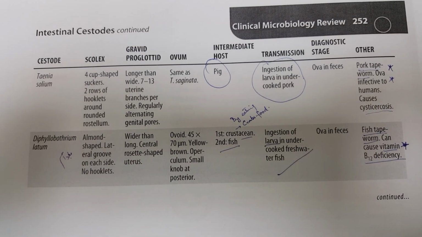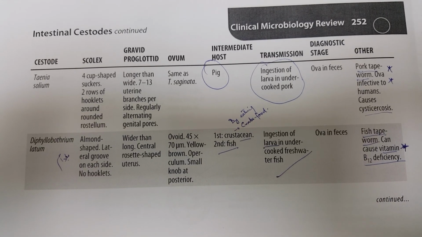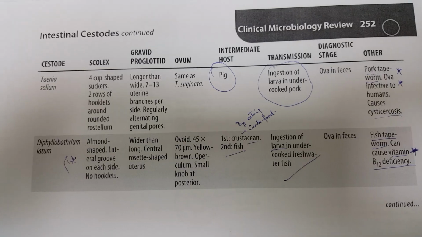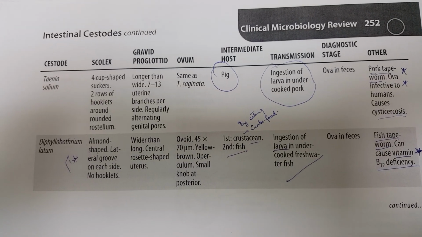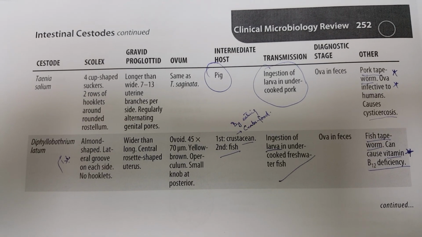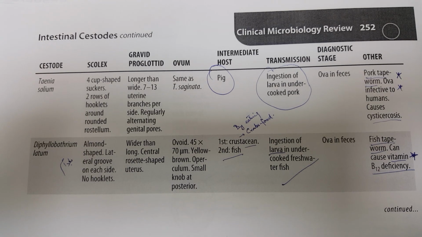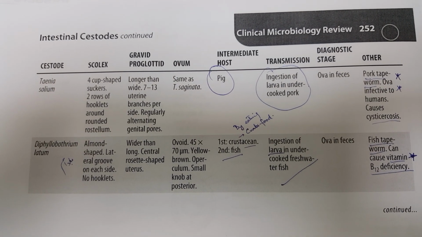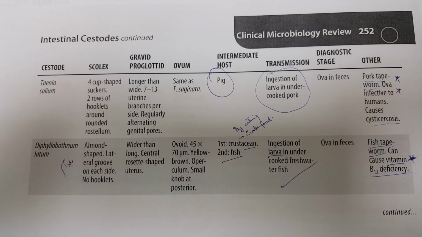But the Taenia solium ova are infective to humans, while in the case of saginata, they are not. Solium also has 4 cup-shaped suckers and 2 rows of hooklets around the rounded rostellum, and the gravid proglottids are longer, and the ovum is the same as saginata. The diagnosis is made by detection of ova in the feces.